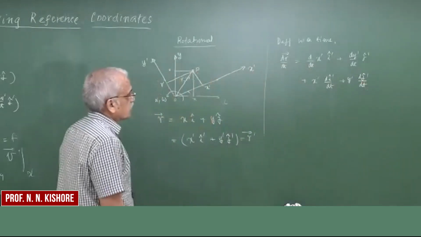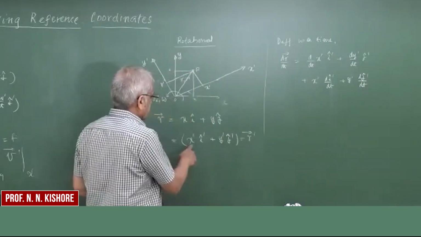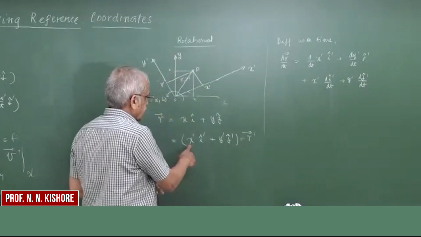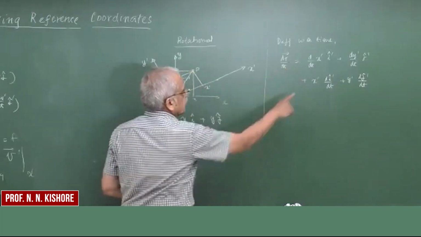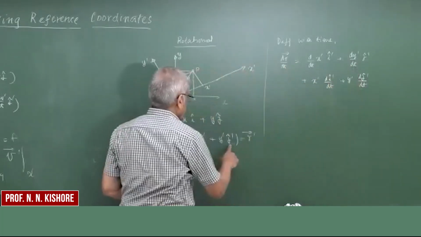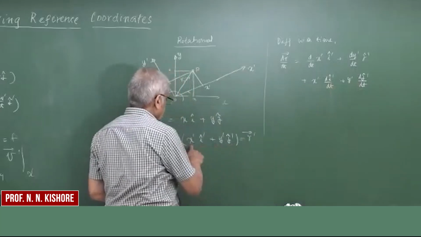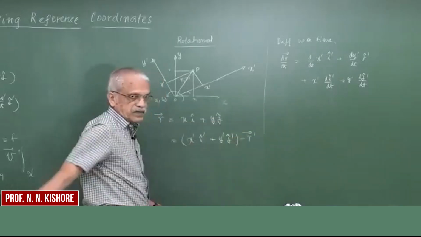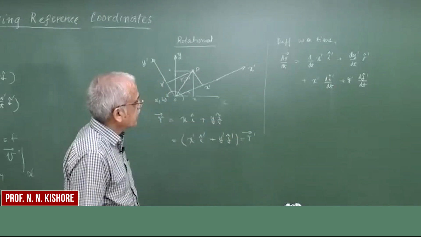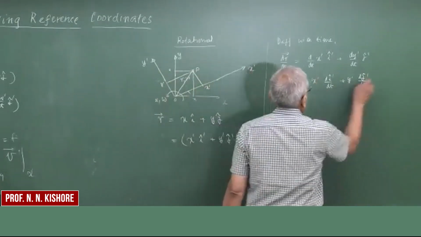I first took the time derivative of x prime i prime, then dy prime by dt j prime, and then x prime di prime by dt and y prime dj prime by dt. So this takes care of all the four terms.